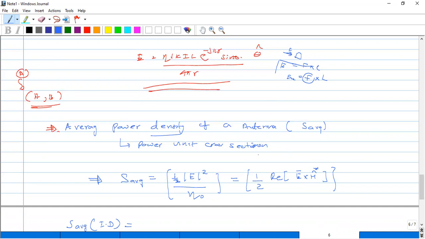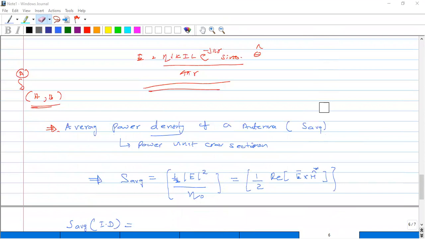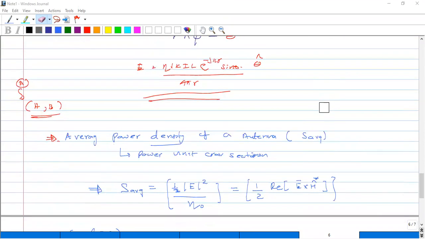This also should be a vector. Give me a moment to check it. So I think this also should be a vector, no?